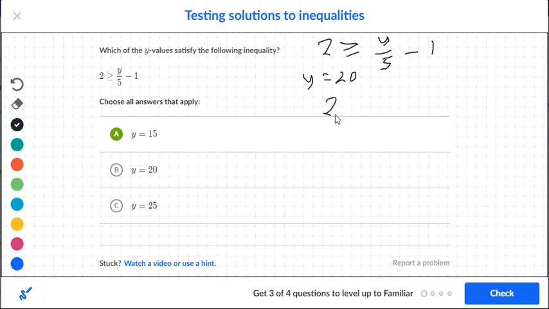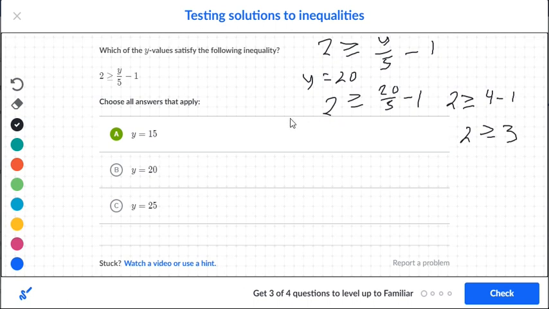We're going to say 2, our inequality sign, then 20 over 5 minus 1. 20 over 5 is 4, so 4 minus 1, and that becomes 3. So what you're saying is that 2 is better than 3. Well, we know that's false.